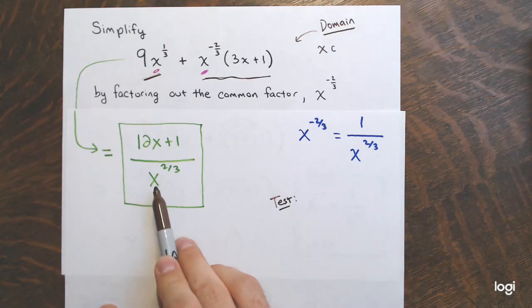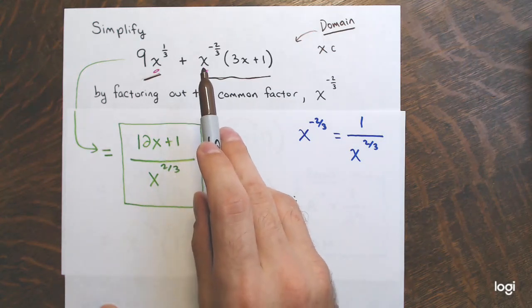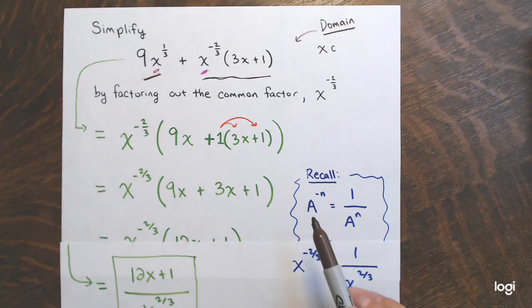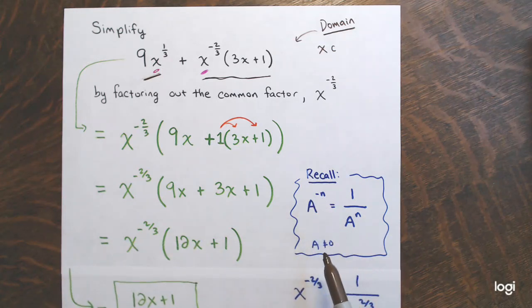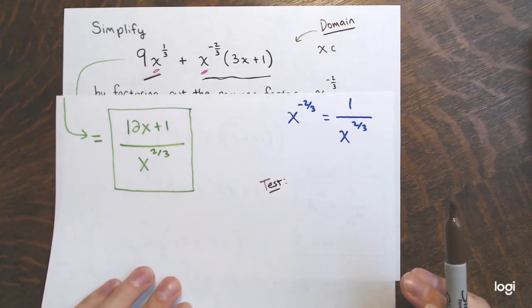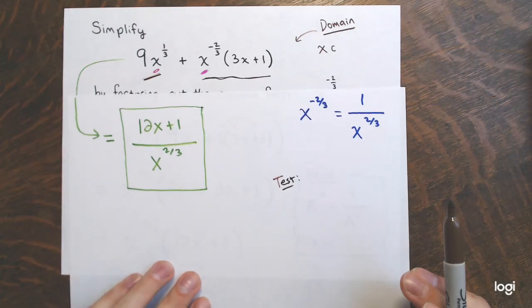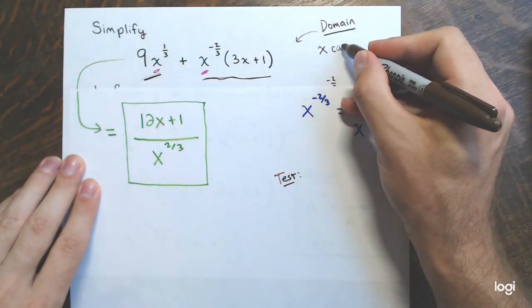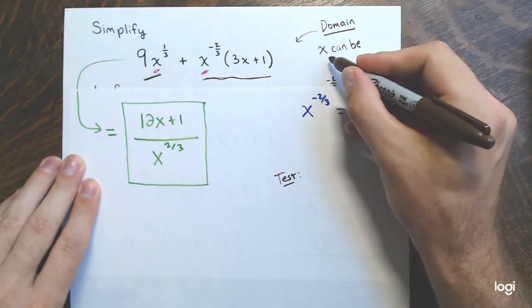Because look at the way it looks at the end. Remember I even mentioned here, with the little negative power thing, when you have something to a negative power, you can't raise 0 to a negative power because you'll end up dividing by 0. So back to this, the value of x can be any number except 0.